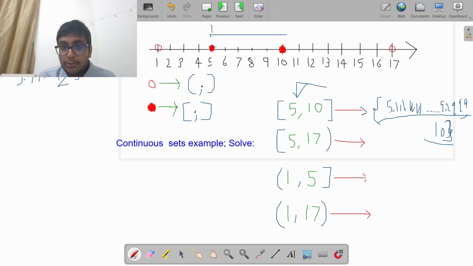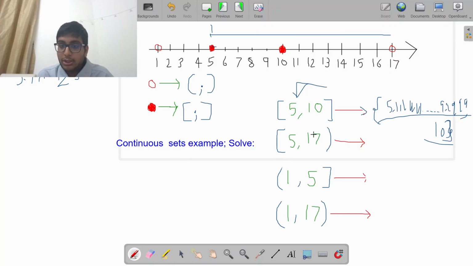So it includes all the numbers between 5 and 17, and it includes 5 but doesn't include 17. What I'm trying to say is that a curved bracket means it is not including the endpoint, while a square bracket means it includes the endpoint.